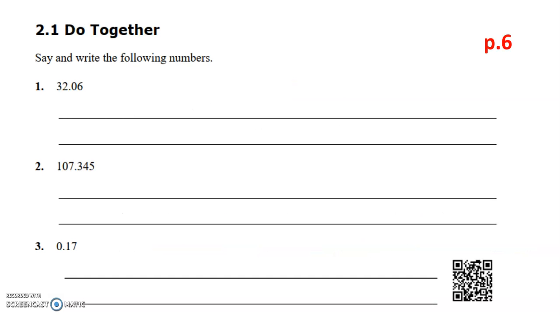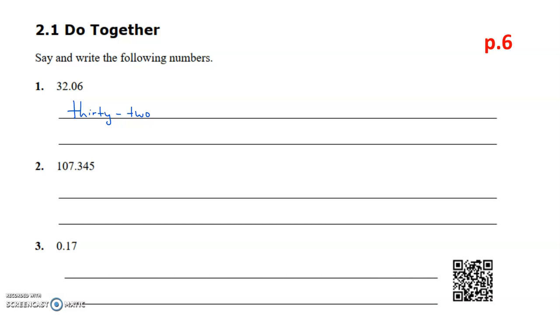So reading decimals is quite a bit of work. It's not easy. It depends on how long the numbers are too, but it's good practice for us to say and write numbers. So we're going to start with number 1. We have 32.06. So we're going to write it as we read it. 32.